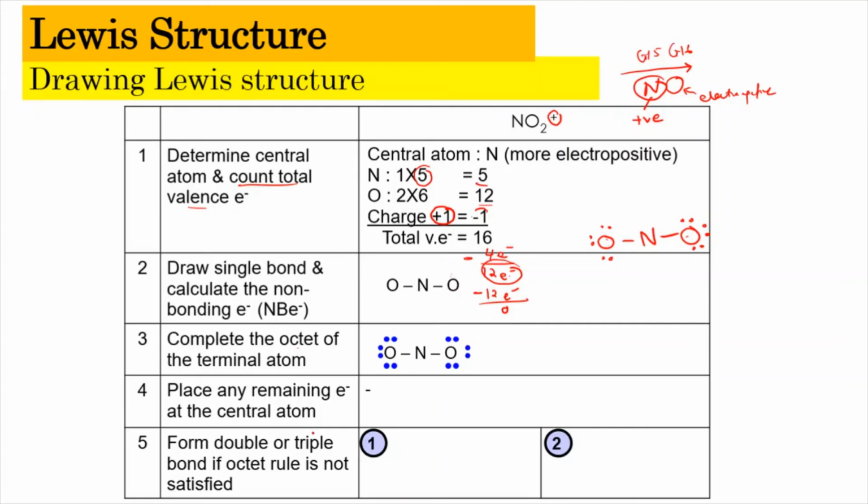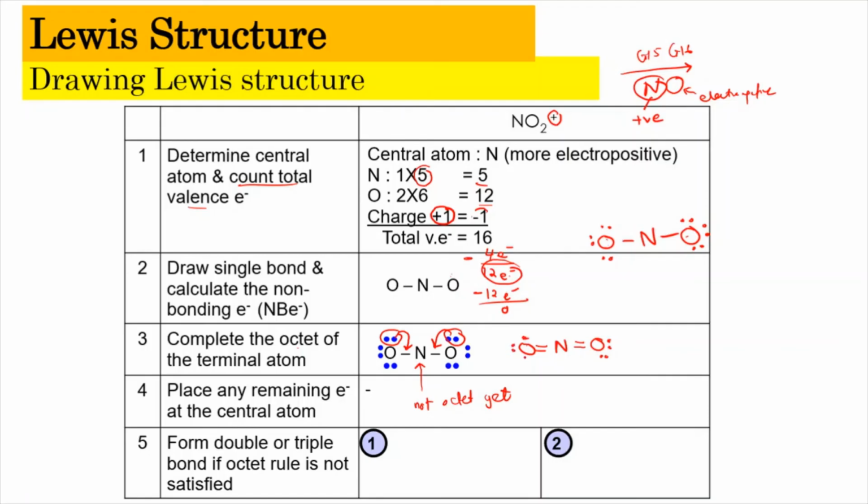So what we're going to do here, because this nitrogen here is not octet yet. Okay, so what we can do is we can bring the lone pair, you can choose any, in order to bring it to the middle. Okay, so you can bring one to here and bring the other one to here. So that you're going to get N, O, N, O, and then you copy back the lone pair that has not been used.